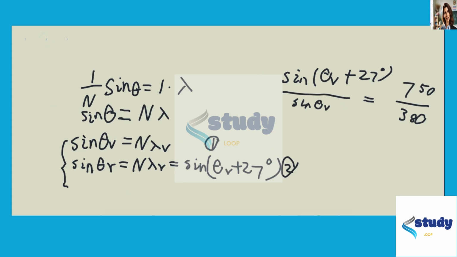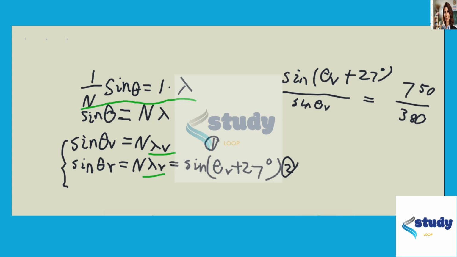Written as a specific equation, it will be 1 over n times sine theta equals 1 times lambda, and lambda here could be the violet light wavelength or the red light wavelength.